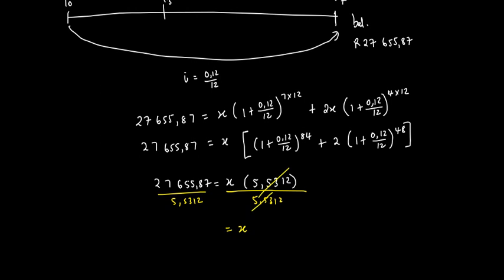So you get your x as 27,655.87 divided by the answer there. Yeah, so you get 5,000 rands. Exactly 5,000 rands. So that will be the amount that was invested there. Great stuff.